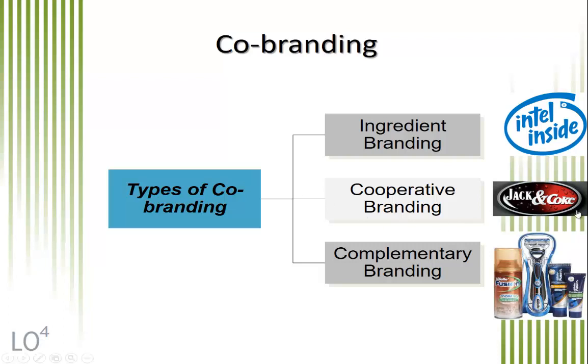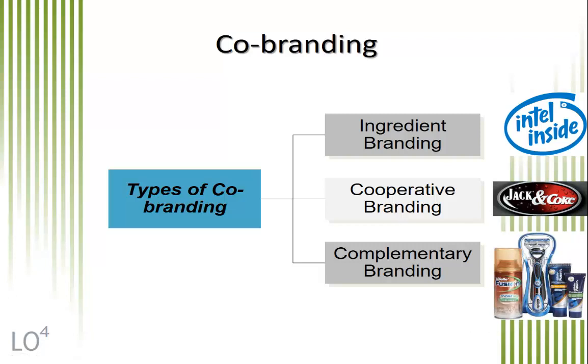For example, Jack and Coke, a cocktail. We can't tell whether it's Jack Daniel's liquor or Coca-Cola, but it's a true combination of two. And complementary branding refers to products advertised or marketed together to suggest usage. For example, Gillette is a razor company, but they also have shaving creams or aftershave creams.